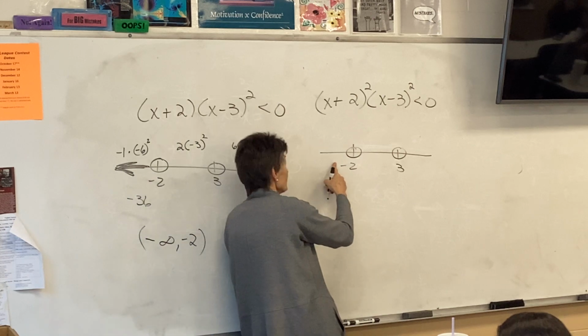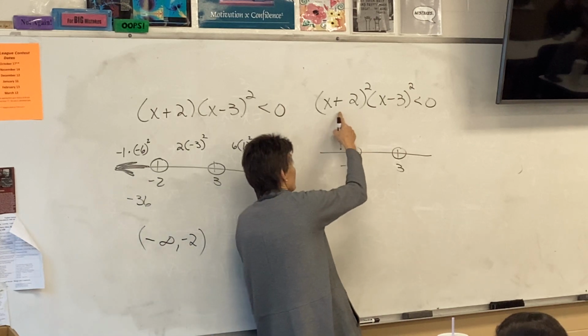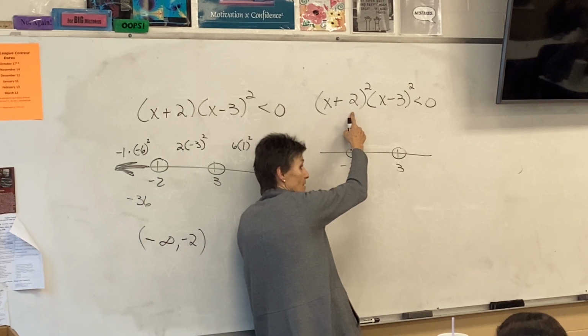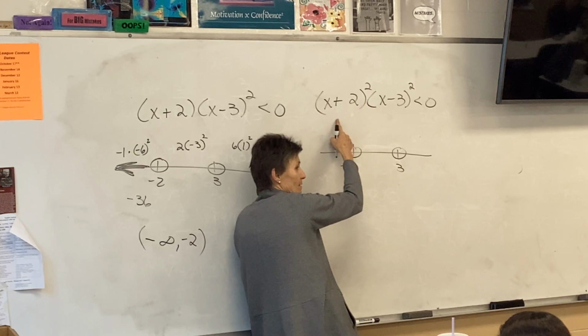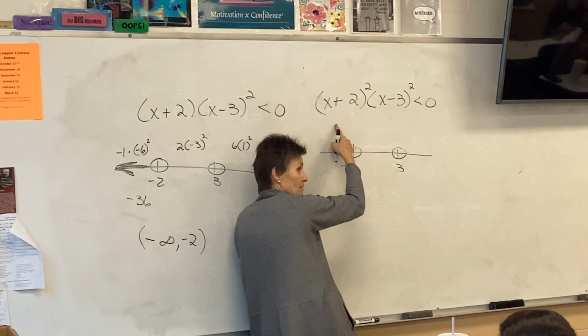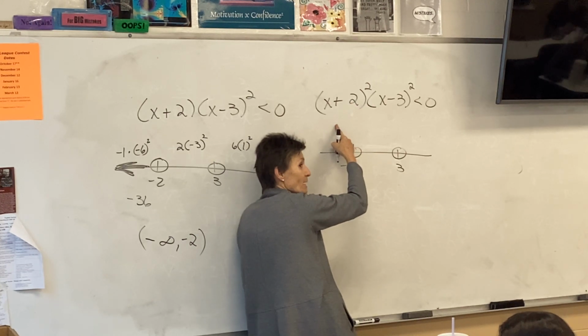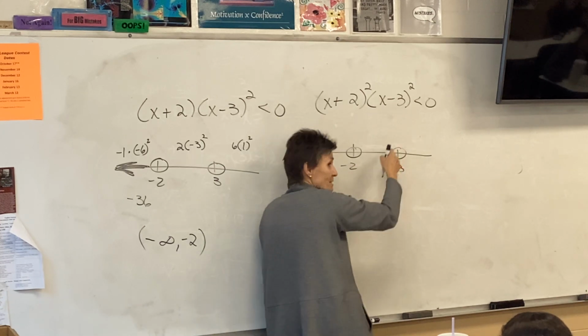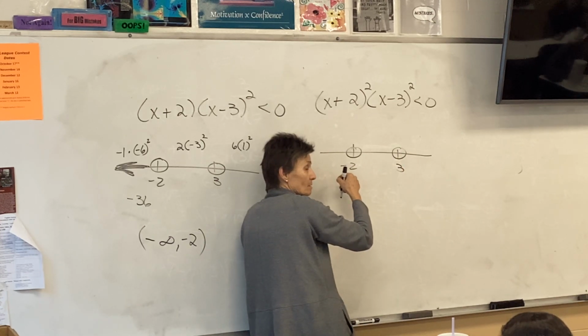-3 is fine. Now, put -3 in here, guys. And just think about this for a minute. You're gonna be squaring it. So isn't this gonna come out positive? Yeah. And is this one gonna come out positive? So it's not gonna be negative.